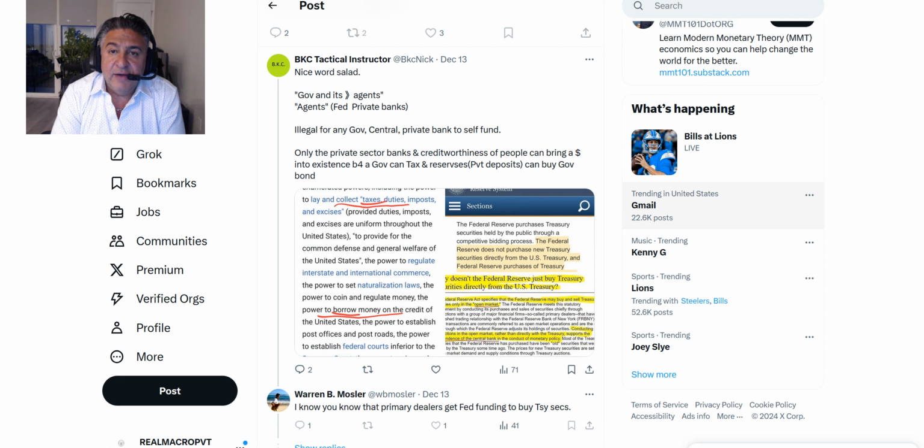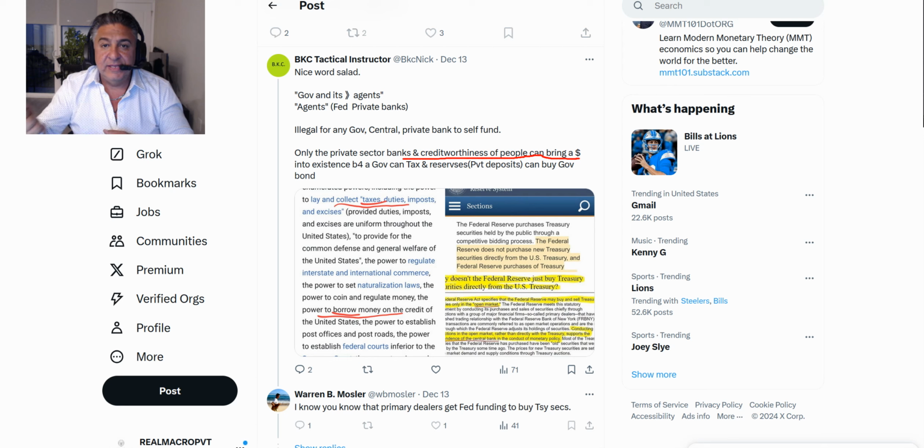So you have to be creditworthy, right? Only the creditworthiness of people can bring a dollar into existence. Either I take my money out from the bank, or I put up my house as collateral, my car, or I put a certain amount down payment to go buy a motorcycle or a boat or whatever it is I'm going to do.